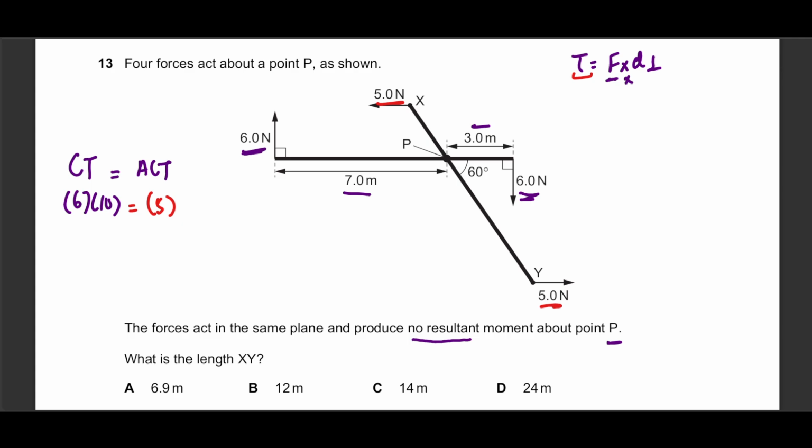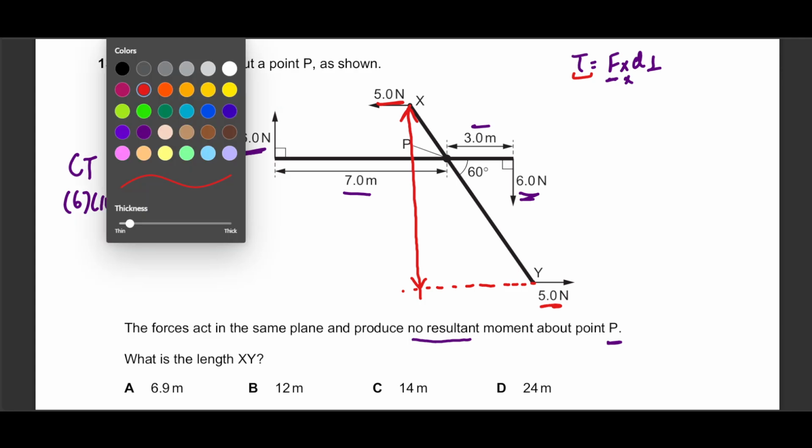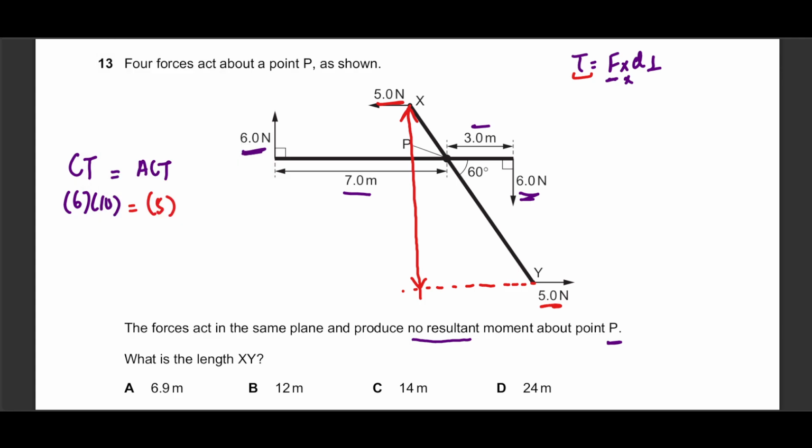So I should choose the perpendicular distance between the two forces, which should be the distance highlighted in this way. Only then I can use the torque formula. Or if you wanted to involve the force components, so that the force component looks like this, makes an angle of 90 degrees by using the 60-degree angle, that's completely up to you. You can do that as well.